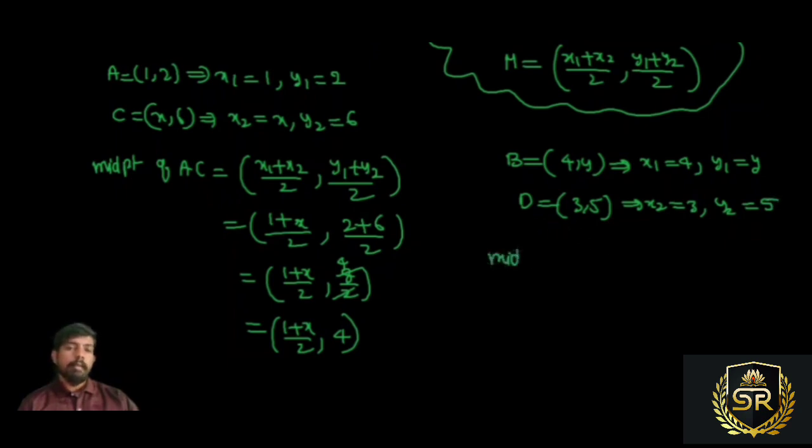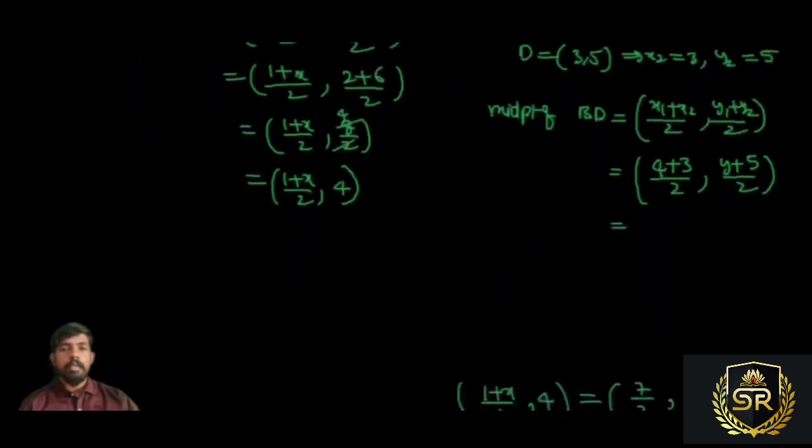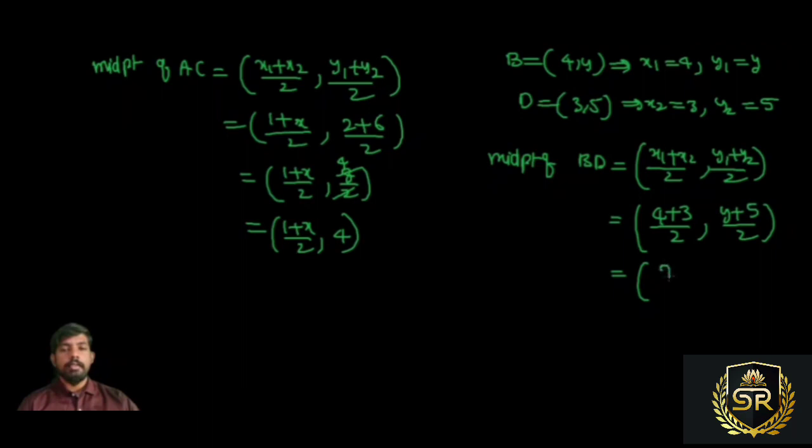Now the midpoint of BD is (x1 plus x2) by 2 comma (y1 plus y2) by 2. So 4 plus 3 by 2, y plus 5 by 2. So we can write it as 7 by 2 comma (y plus 5) by 2. This is the midpoint of BD.